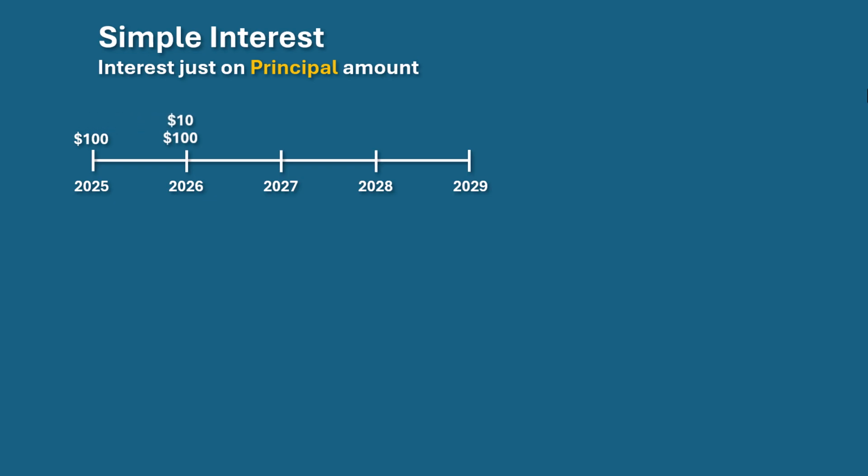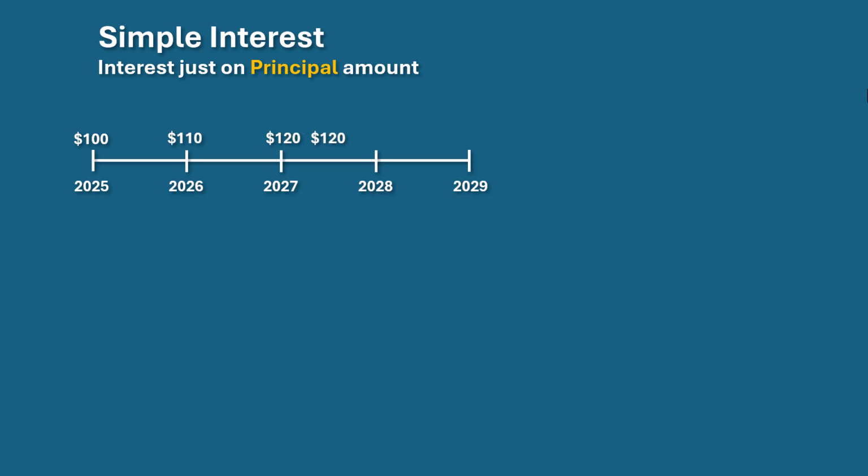So the total amount at the end of 2026 is $110. For the year 2027, my previous balance was $110, but the interest is still calculated only on the principal amount of $100, which is $10. So the total becomes $120.